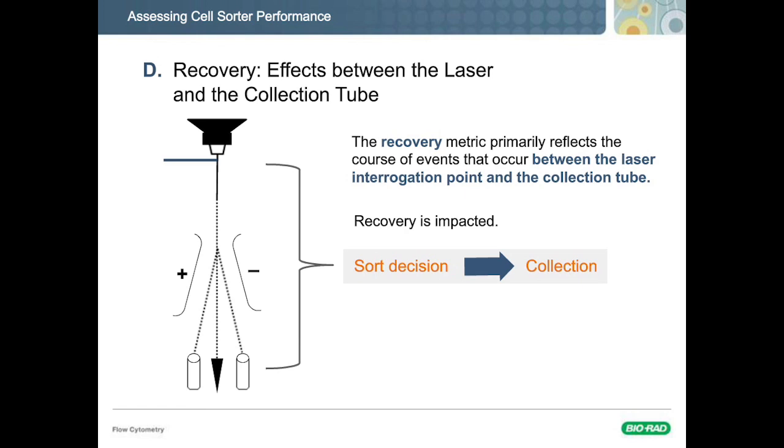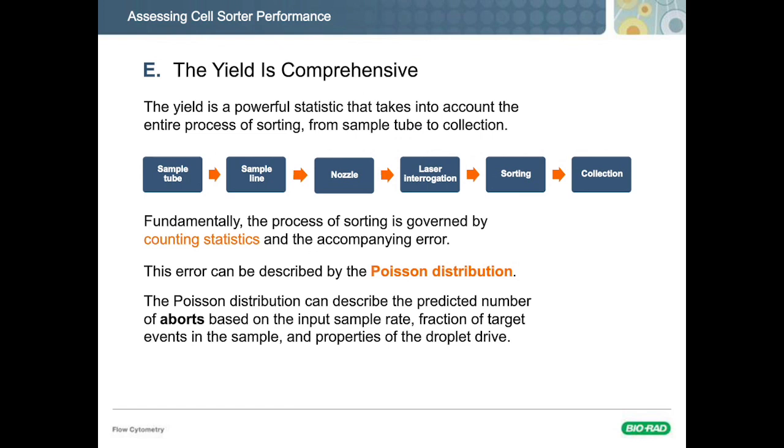Now, the yield is much tougher and really talks about the entire ecosystem, from what goes into the tube to the very end of what ended up in collection. And that gets very tricky because there are a lot of things going on. You have some losses in the tube and in the line, and then you get into the whole thing about the statistics. We have more coming up on the Poisson distribution and what that's doing.